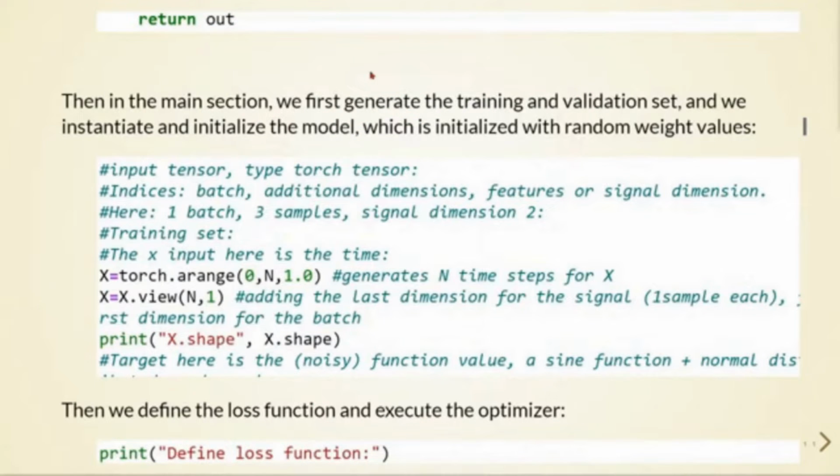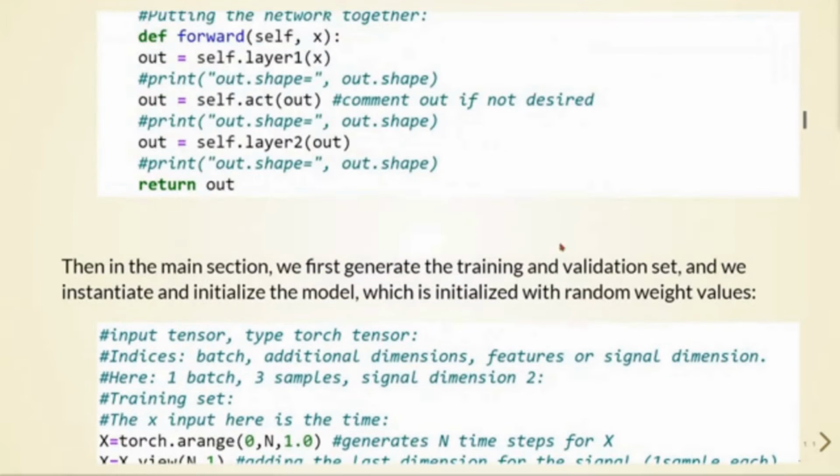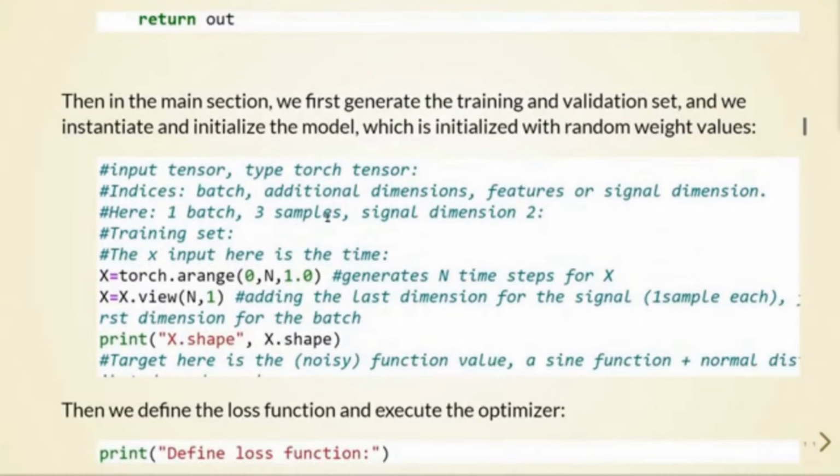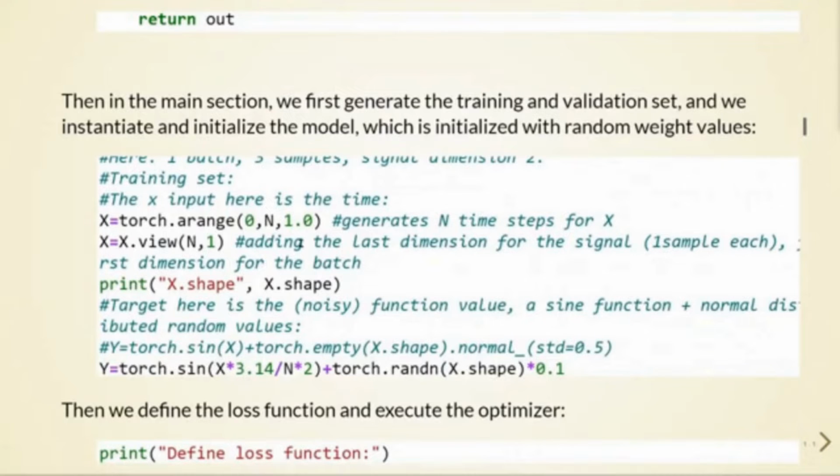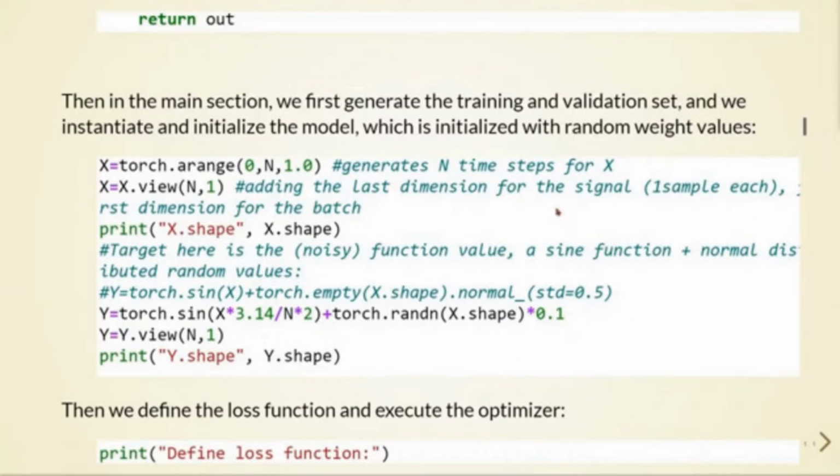After we define the architecture of our network, we will first generate the training and validation set, then we will instantiate and initialize the model, and the model will be initialized with random weight values. So here we are creating our training set, and like we explained before, our input generates N time steps for X, and then we are reshaping, so we have the last dimension for our signal and the first dimension for the batch.